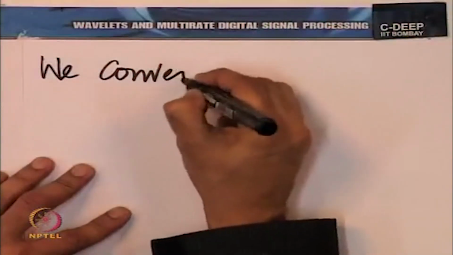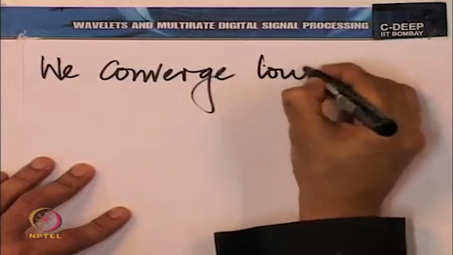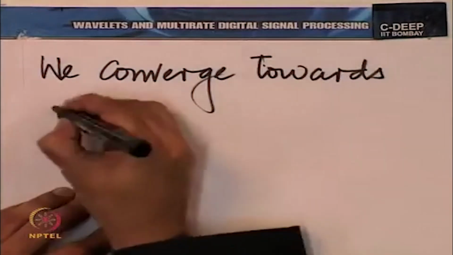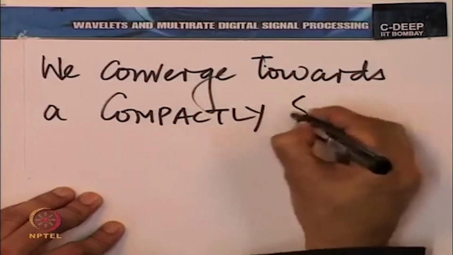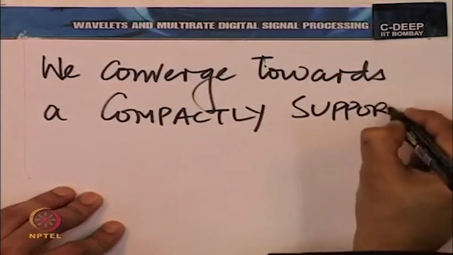It has a finite part of the time or the independent variable axis on which it is non-zero. This is such an important thing that we should write it down and we should emphasize it. We converge towards a compactly supported scaling function.